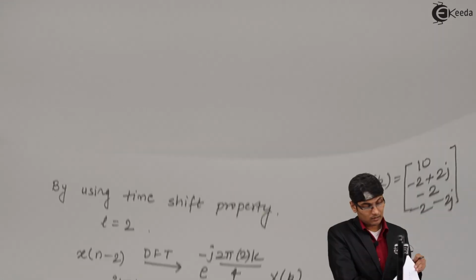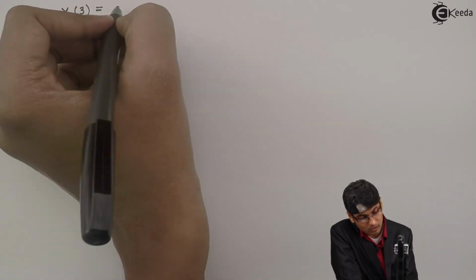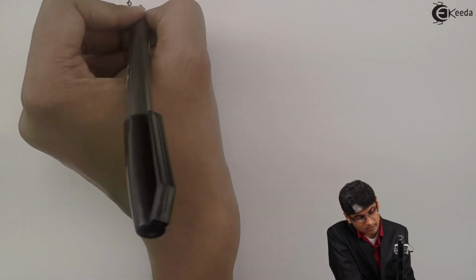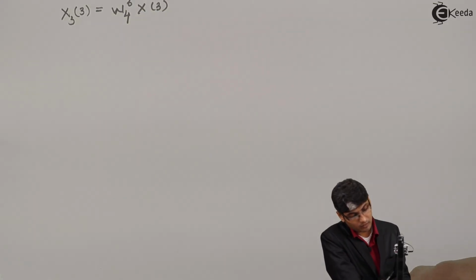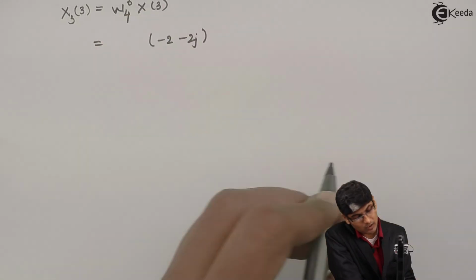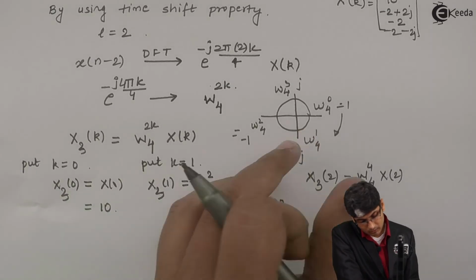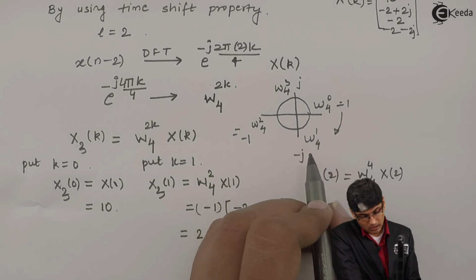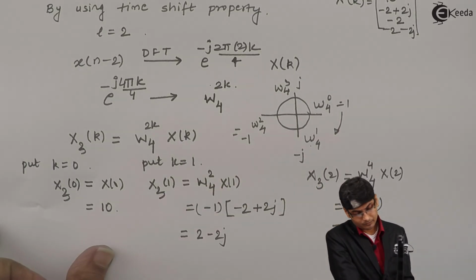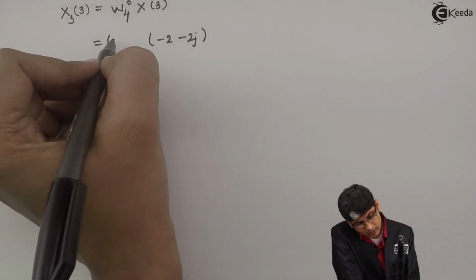Okay. Lastly, x2 of 3 will be equal to W4 raised to 6 x of 3. Okay. So, x of 3 is minus 2 minus 2j, W4 raised to 6, from the previous diagram we can see W4 raised to 4 is this, W4 raised to 5, W4 raised to 6, which is W4 raised to 2, which is minus 1. So, I will write here minus 1.